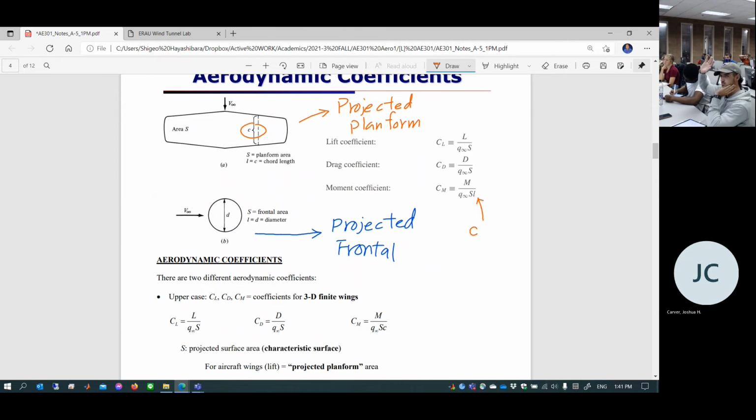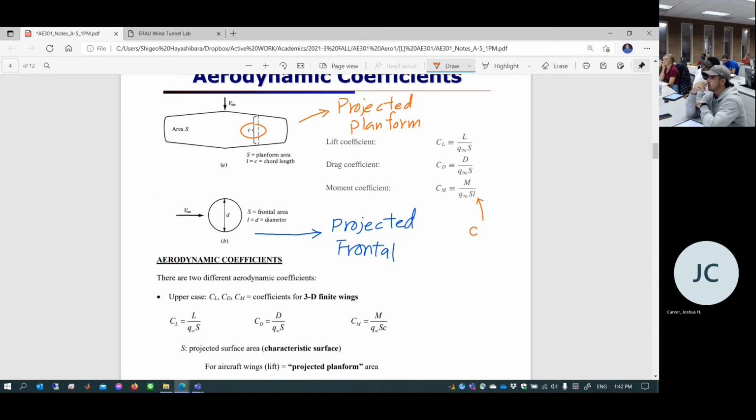Flow over a circular cylinder, length L is the diameter. Have you ever seen that kind of stuff in fluid mechanics? I hope so. Go ahead. For the coefficient of moment equation, we use the chord length, but in an example where the chord length changes, do we only use the chord length for that given spot?